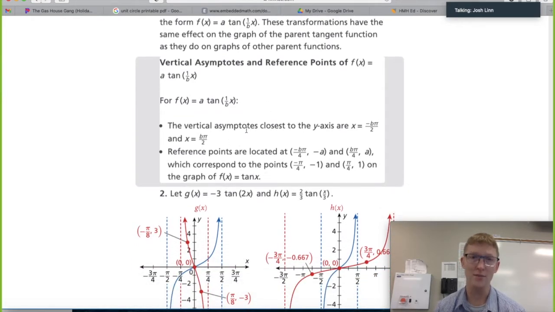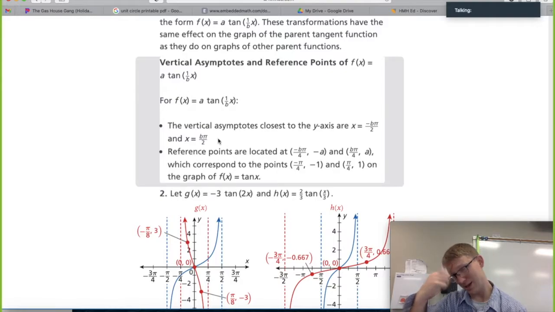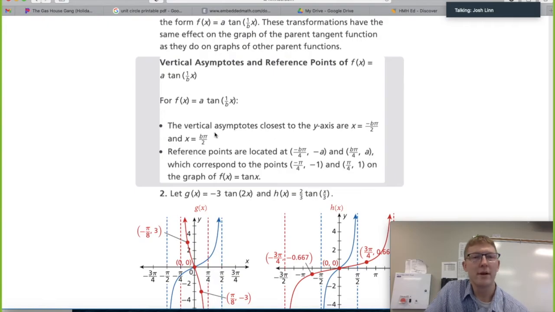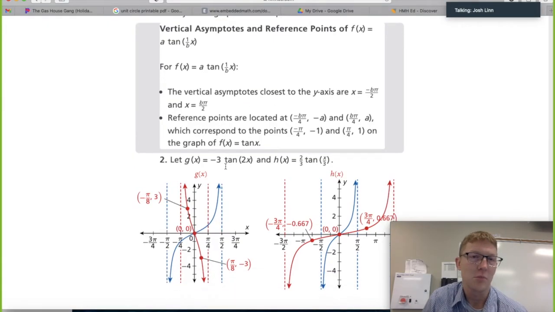The vertical asymptotes closest to the y-axis are x equals negative b pi over 2 and positive b pi over 2. With sine and cosine it was b times 2 pi; with tangent, it's b pi over 2. I admit it's going to be tough, and I'm going to get them confused.